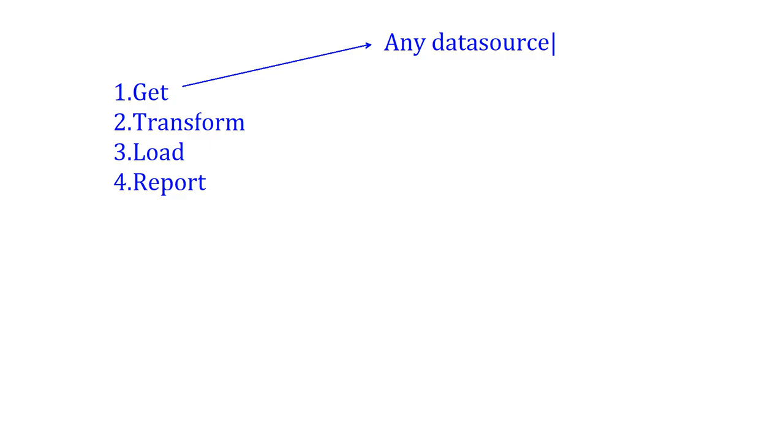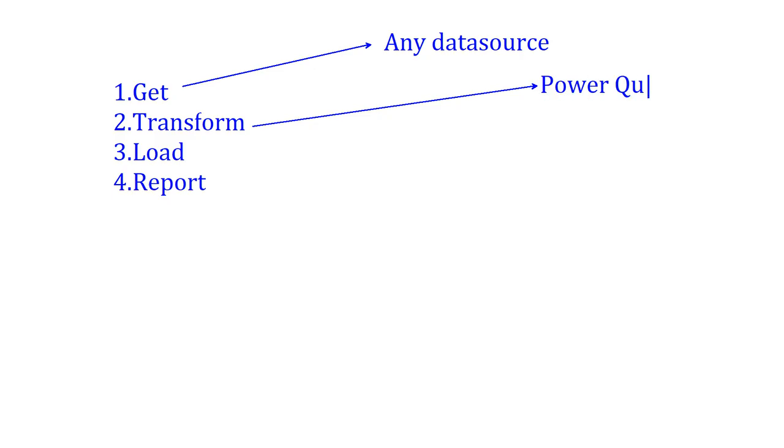After getting the data, we are going to transform the data. Transforming, cleaning up the data, converting it into usable data, proper data. For transforming, we are going to use the tool called Power Query. After transforming, we are going to load it. Where are we going to load this?